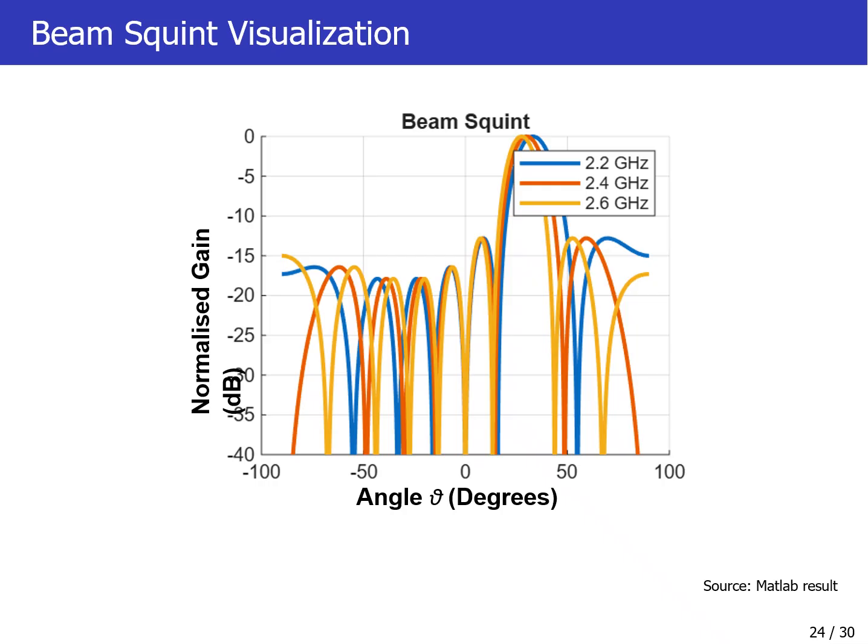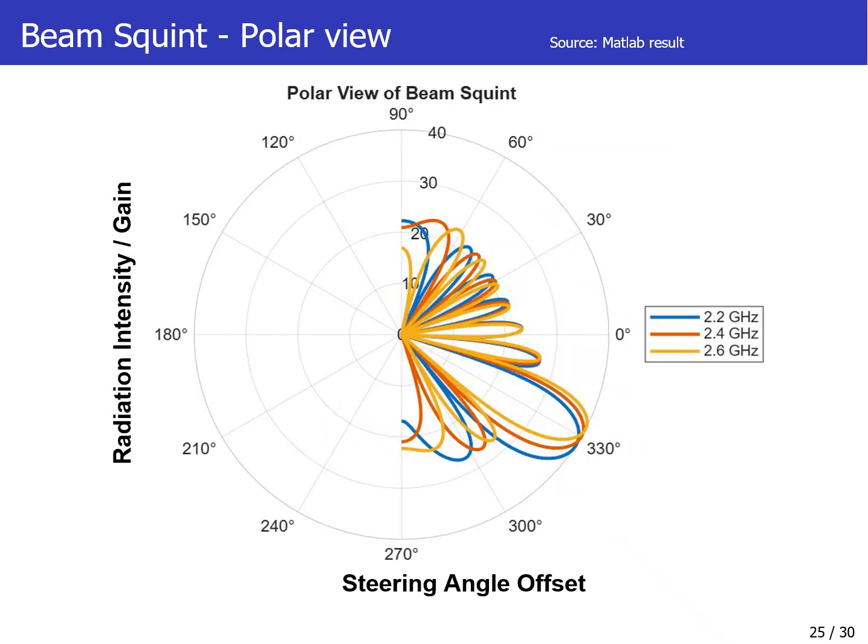Now, when we radiate a signal having 2.2 gigahertz, and when we radiate a signal having 2.6 gigahertz, less than or more than the center frequency, we can see that our main lobe is shifting. Similarly, this is a MATLAB result showing a polar view of the beam squint for three different frequencies.